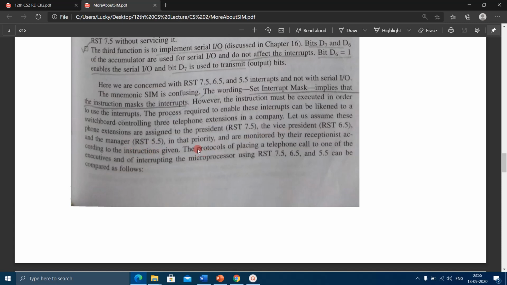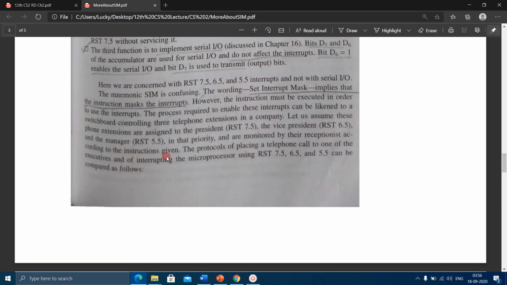These three telephone extensions: the President you can relate to RST 7.5, the Vice President to RST 6.5, and the Manager to 5.5 in that priority, and they are monitored by their receptionist according to the instructions given.